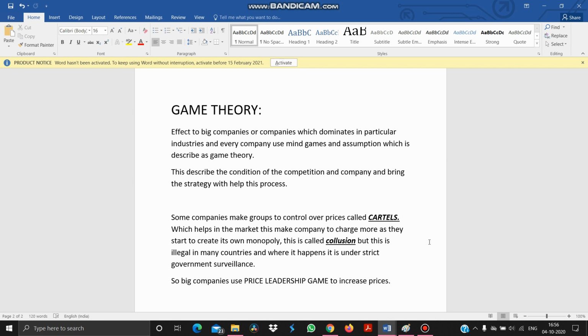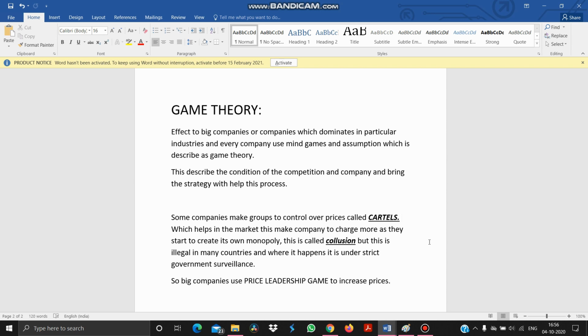That means both markets will charge the same or even a higher price for the same goods, which is not good for consumers, as it creates a monopoly. This type of price increase is called collusion. In many countries collusion is illegal, but where it's legal it is under government surveillance.